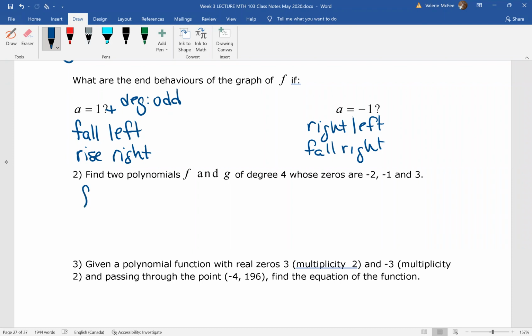Well, let's start with f of x. -2 is a 0, so x minus -2 is a factor. x minus -1 is a factor. x minus 3 is a factor. This only has a degree of 3, and we want a degree of 4. I guess I could let this one be squared.